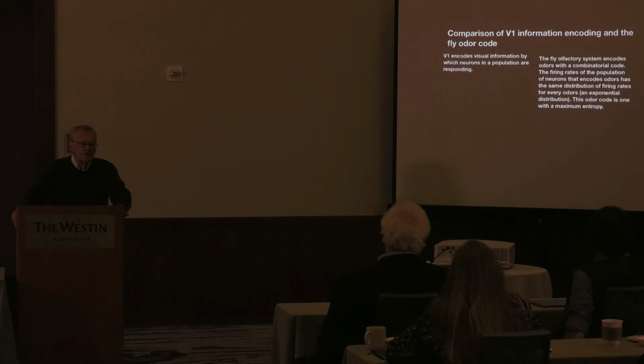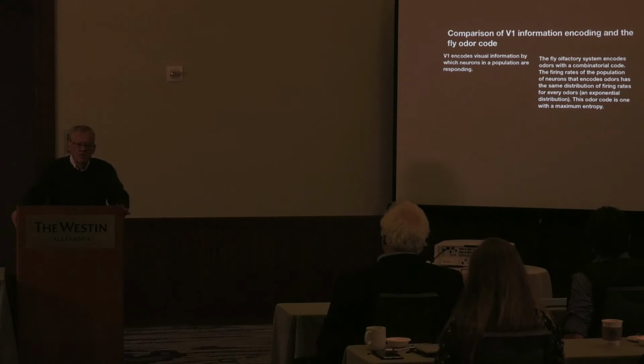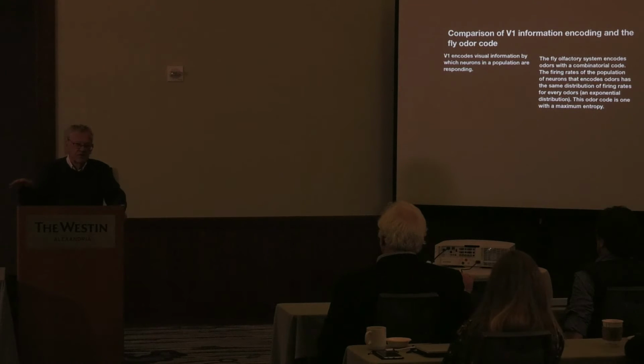And so the only thing that's different between odor 1 and odor 2 is not the distribution of firing rates. It is not which cells fire spikes, although there are some odors that don't cause certain cells to fire. But it is what rate those cells are firing at. They all have an exponential distribution. If you plot any individual odor, it's an exponential distribution, always with the same mean.